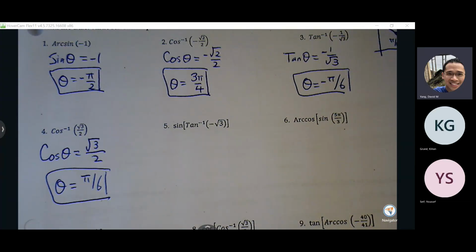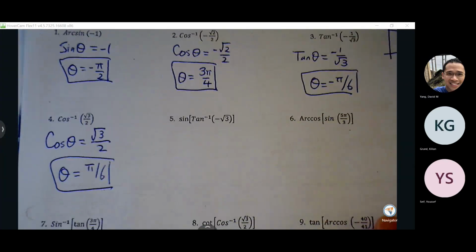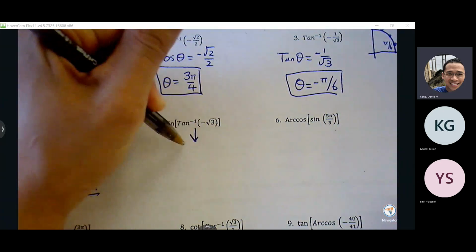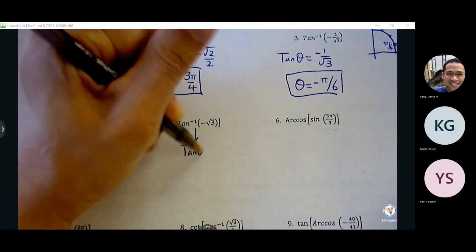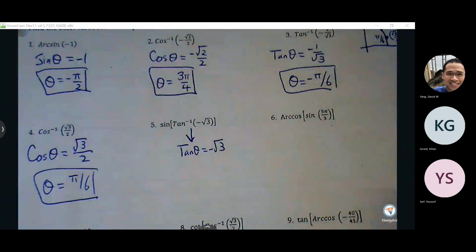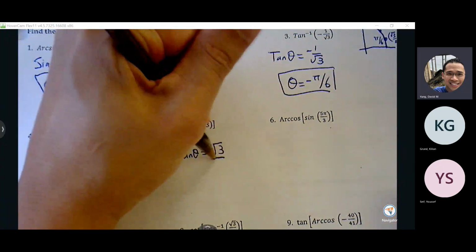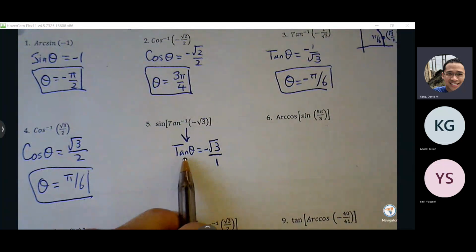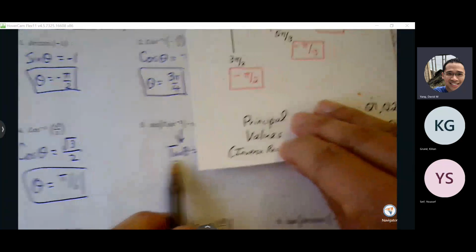Okay. Inverse tangent of -√3. So we take care of the inside portion first. -√3 is the same thing as -√3/1. Uppercase T, we know that we're dealing with the fourth quadrant.